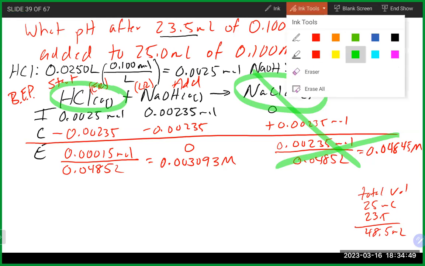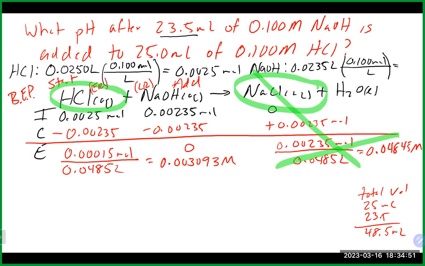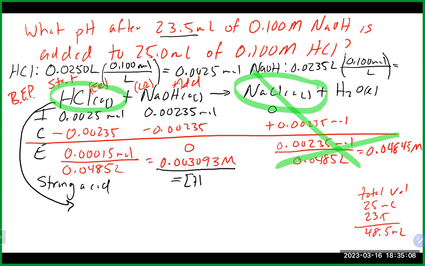That once again means that really the only important guy we got left over here is our strong acid. Which also means that this would be the concentration of the HCl at equilibrium, which means that really is, in this case, the H plus concentration here.